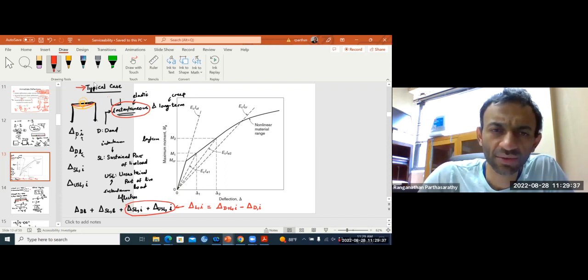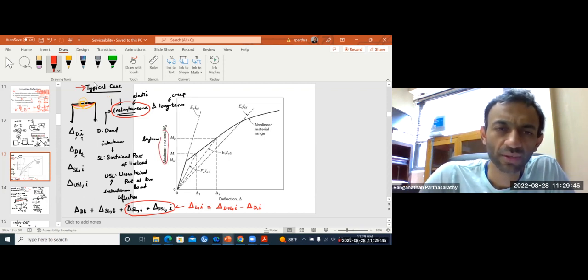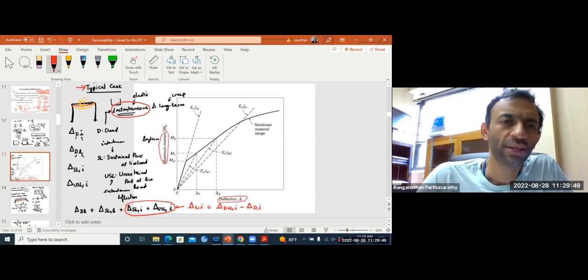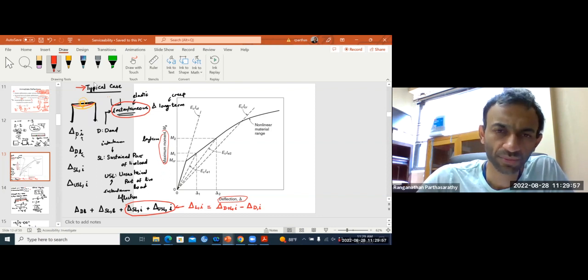To understand that, we need to look at the graph of moment versus deflection that you see here. Moment versus deflection. Now we are first at the stage where the structure is ready. It is built, but there is no live load that came in.